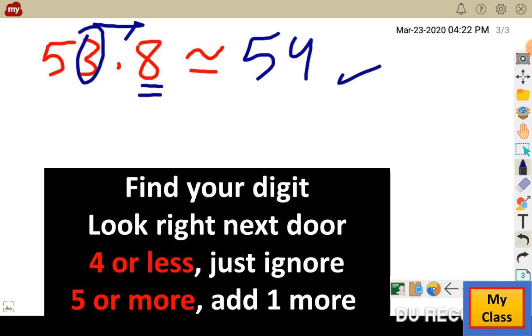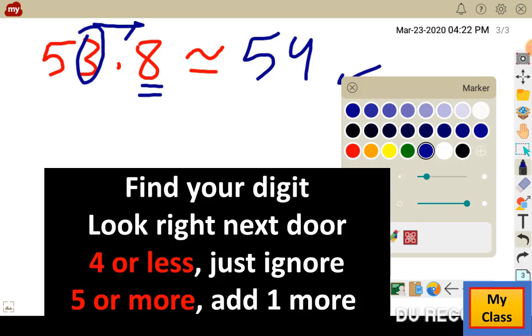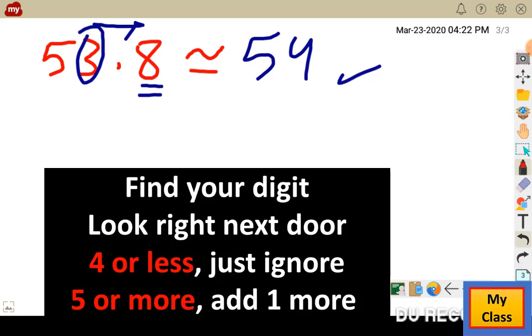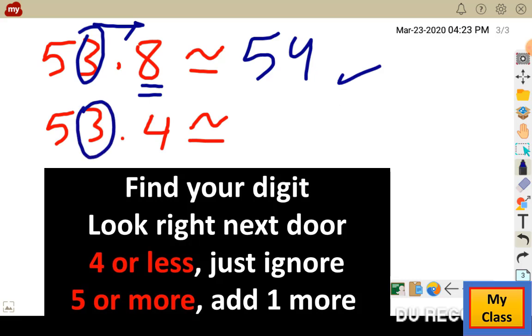Now what about 53.4? Find your digit, units. Look right. It's 4. 4 or less, just ignore. So I'll write 53, and this is it. If you approximate to the nearest unit, you will do the same.